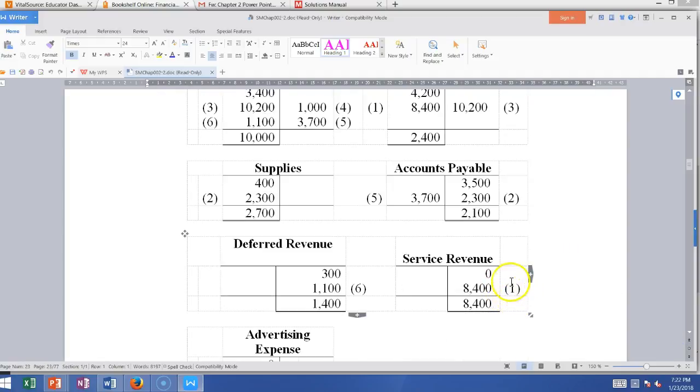Do you see I have a 1 here? Put a credit amount in service revenue. We're posting that journal entry to the accounts it relates to. Accounts receivable gets debited for this transaction. Service revenue gets credited. Got it? Make sure you put a 1 because that helps identify why you put that number there.